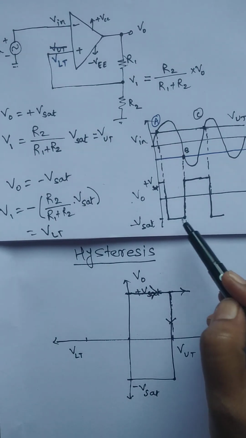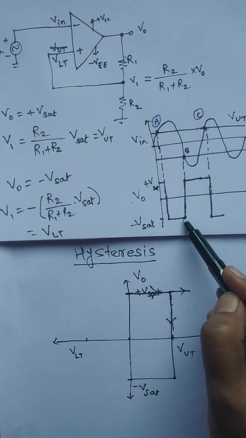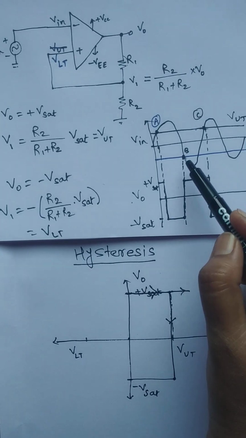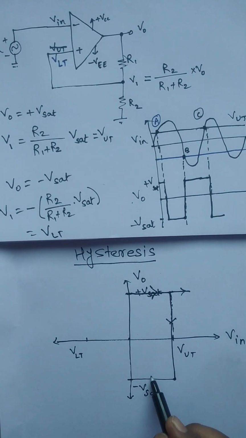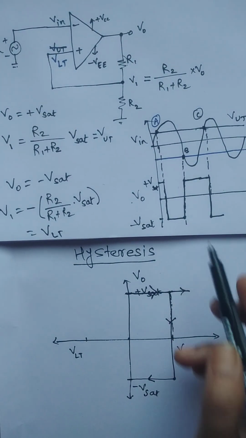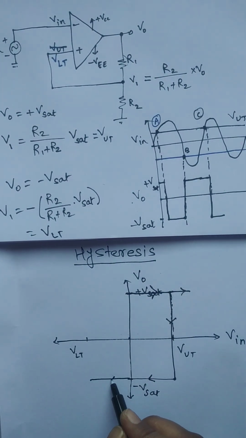Again you can see this is minus Vsat. Then up to what point will it continue? It will continue up to VLT. So it will remain at minus Vsat up to VLT.